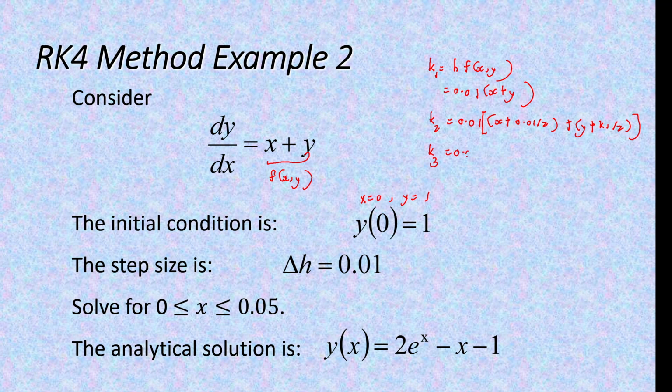K3 is x plus 0.01 divided by 2, y plus K2 divided by 2. K4 is x plus 0.01, y plus K3.